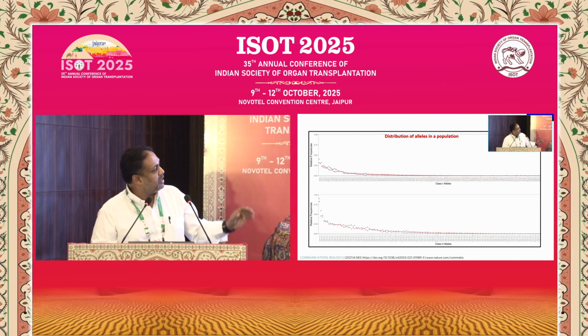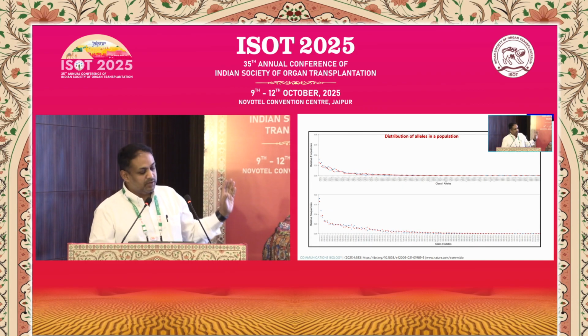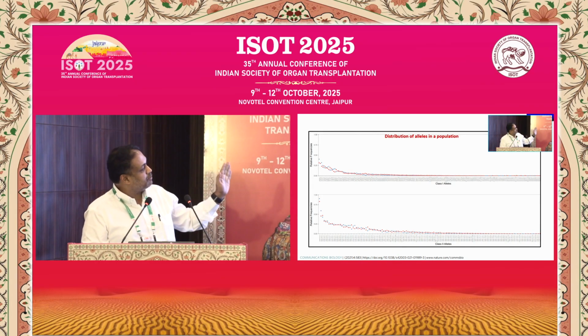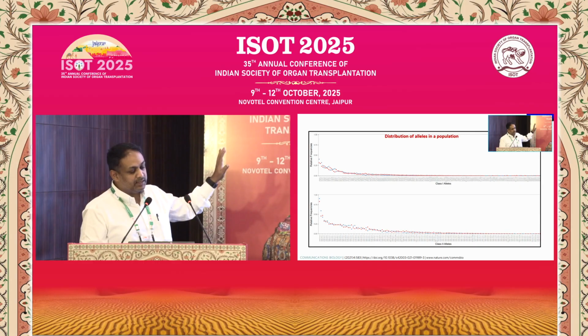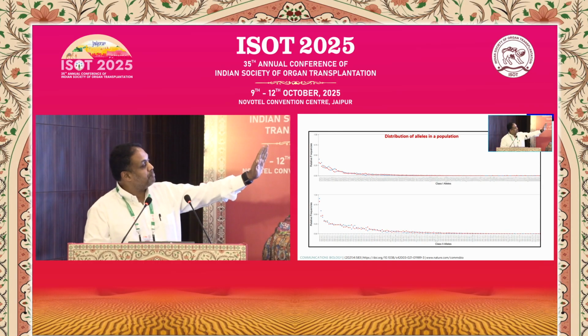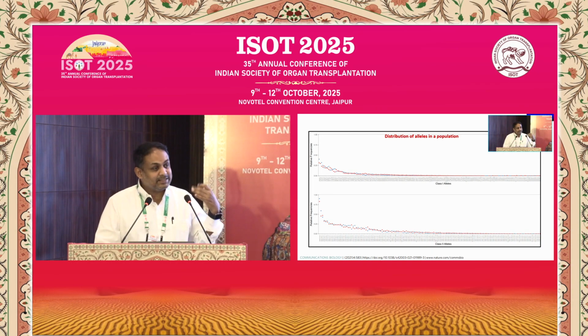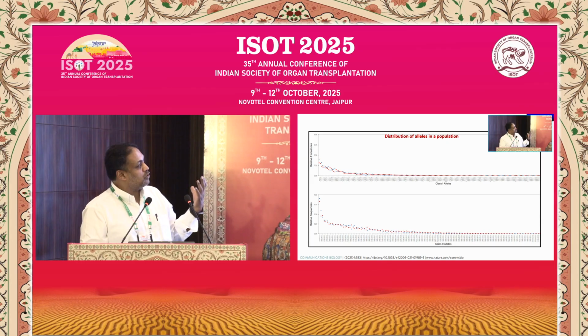So this is the data from Canada, where it's a very multi-ethnic population, as we know. This is the HLA spread of the population. We see that certain HLAs are very common, and a good majority are seen in very few people. So getting an HLA matched individual is not that easy.